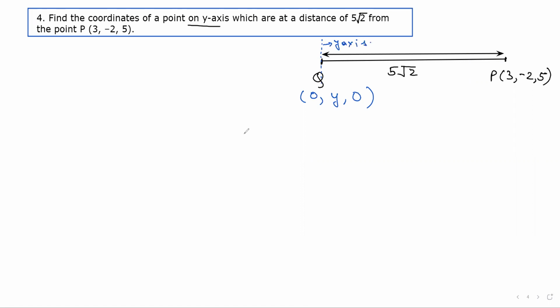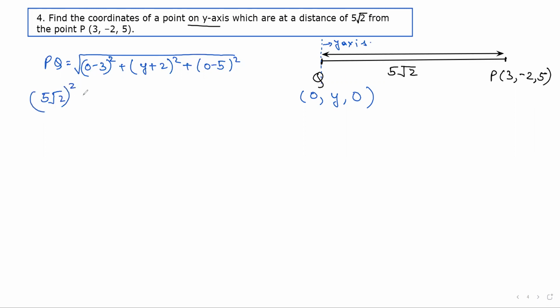Okay, now we can apply the distance formula here. PQ is equal to the root of (0 minus 3) whole square plus (y minus (minus 2), which is y plus 2) whole square plus (0 minus 5) whole square. And PQ is given as 5 root 2. So we square both sides.